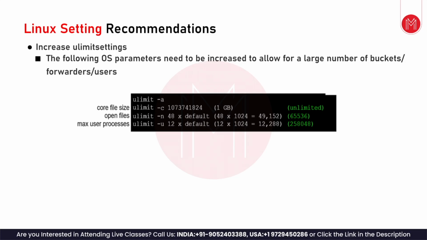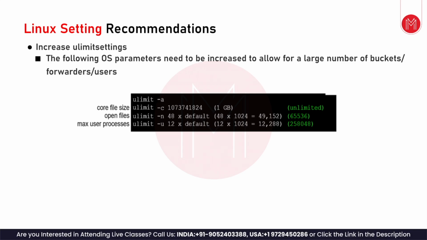So this is the Linux setting recommendation. Before installing Splunk on a Linux server, you have to follow these parameters. These parameters have to be increased. Why do they have to be increased? Because to allow a large number of buckets, forwarders and users, or to handle a large amount of data, you need to increase these parameters.